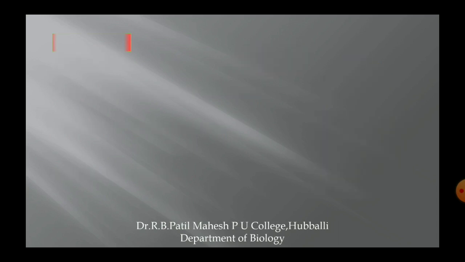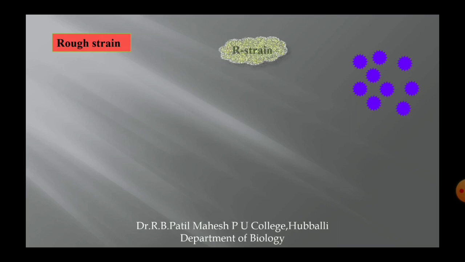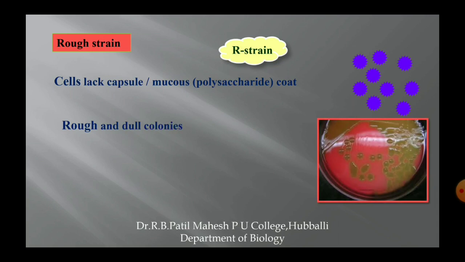The second type is the rough strain, the rough variety. When compared to the smooth variety, the rough variety R cells lack a capsule; the mucus or polysaccharide coat is absent in the case of R cells, and dull colonies are obtained in the culture media.